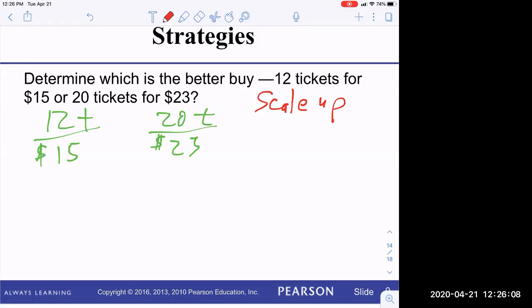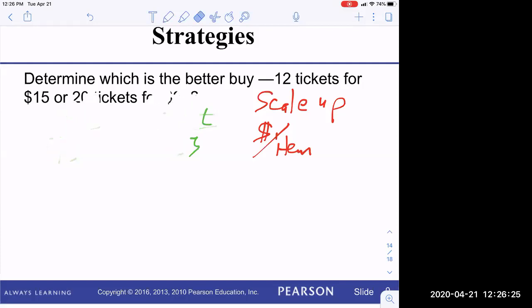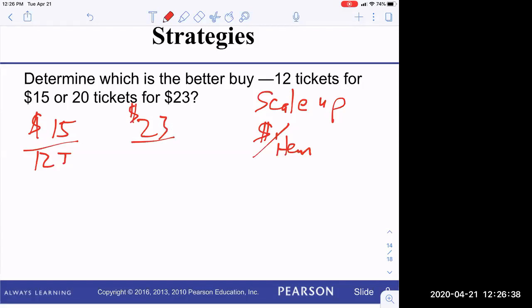The reason I don't like this, and I'm glad I actually did it, is because we're used to seeing dollars per item. So I'm going to flip these ratios. Wish I could say I did that on purpose. $15 for 12 tickets. And over here, it's $23 for 20 tickets.